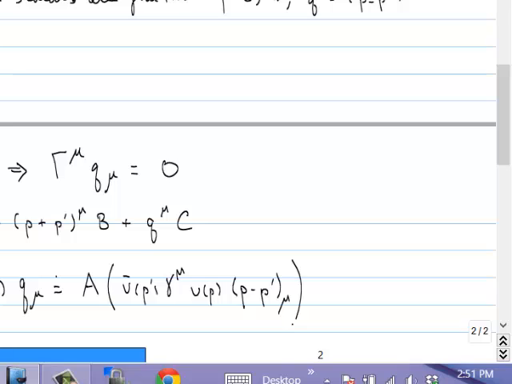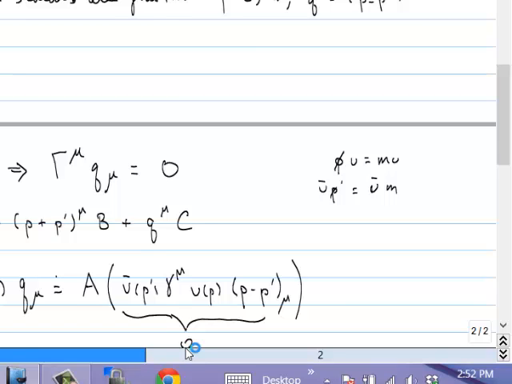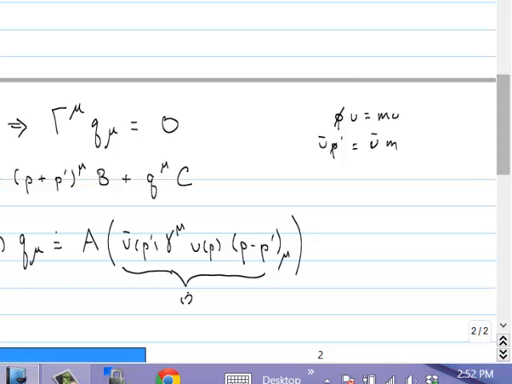But if you use your spinor identities that P slash U is equal to M times U and U bar P slash prime is equal to U bar times M, you can see that this expression right here is just A times (M minus M), which is equal to 0. So that A term is perfectly consistent with the Ward identity.